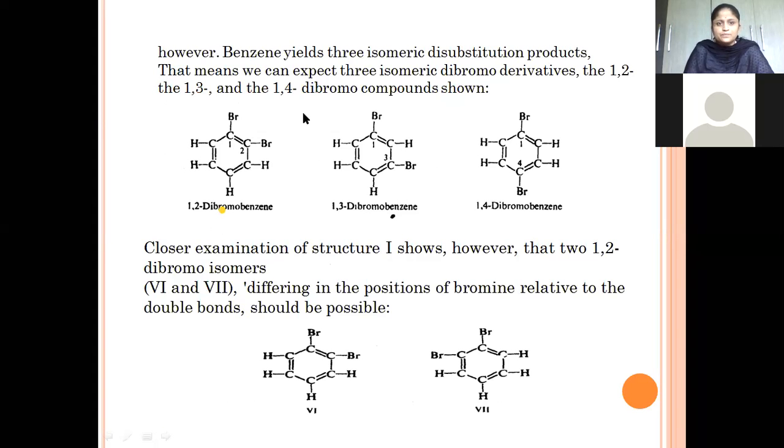However, benzene gives 3 isomeric di-substitution products. Up till now, we know that benzene undergoes only one substitution, or mono substitution. Now, benzene can undergo a di-substitution in special cases.